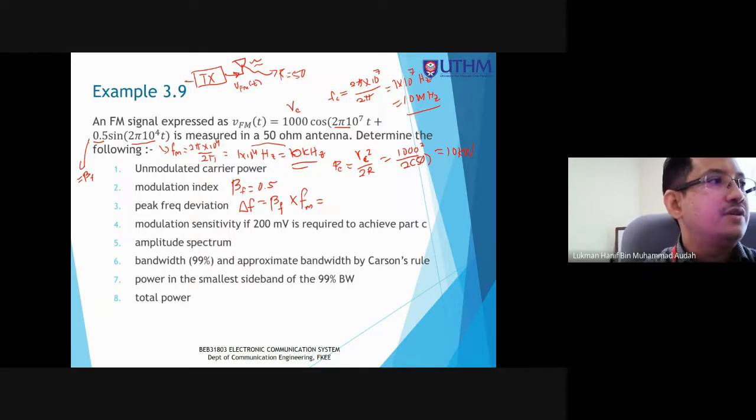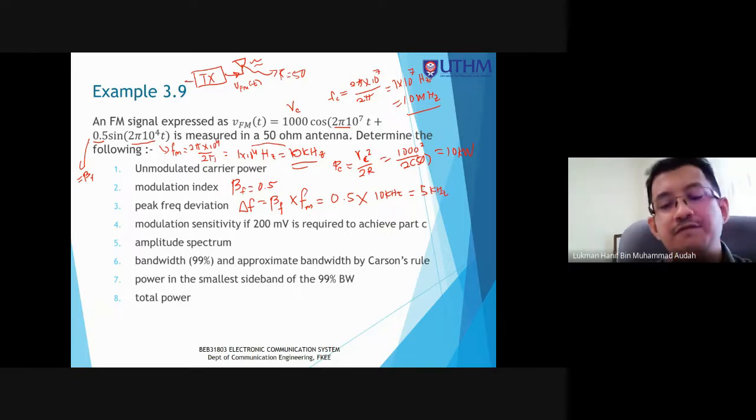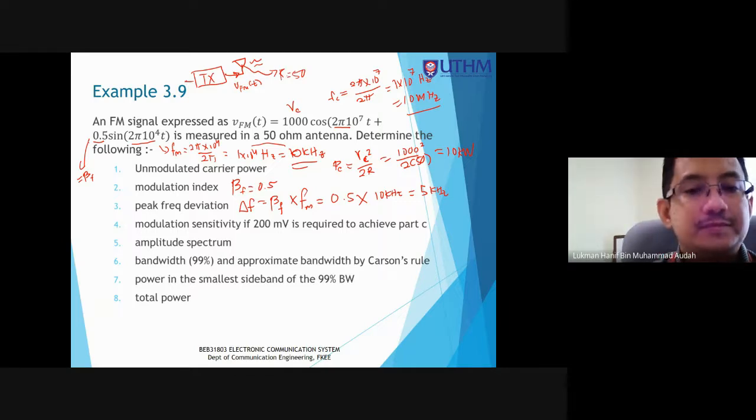So this is 0.5 multiplied by 10 kilohertz, therefore this is 5 kilohertz.